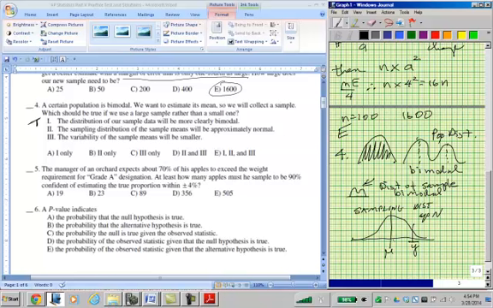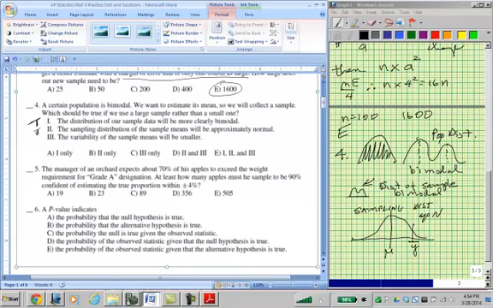Okay, so 2 is true, and that's the central limit theorem, which states that a statistic taken from a representative sample has a normal distribution around the population parameter, whether it's proportions or means. So number 2 is true.